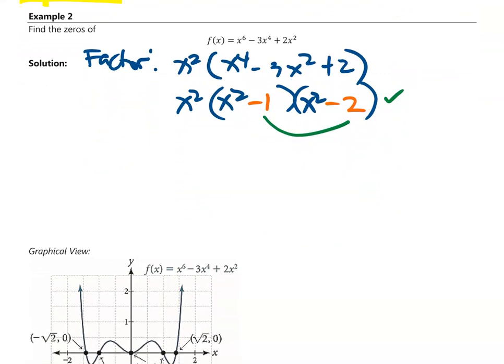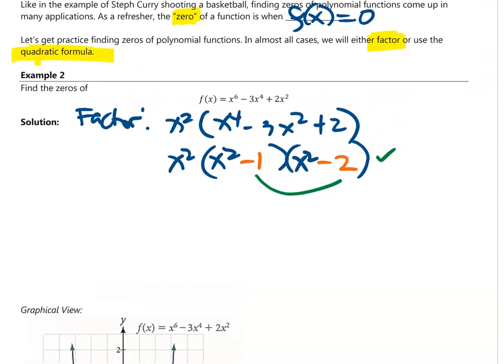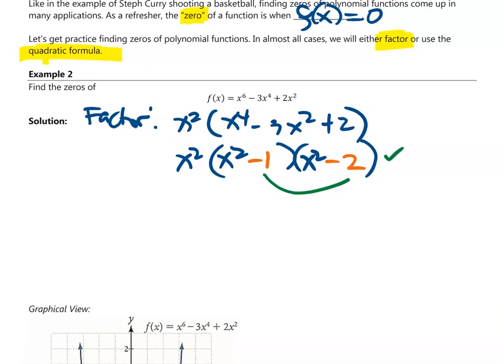Okay, so we want to find the zeros. That is, we want f of x equal to 0. So you have factors here, x squared, x squared minus 1, and x squared minus 2. So x squared, when you set this to 0, means x is equal to 0. So that's the first one.